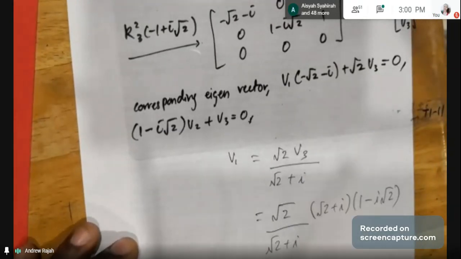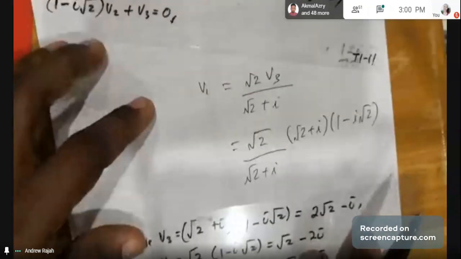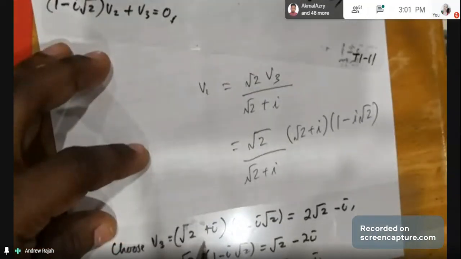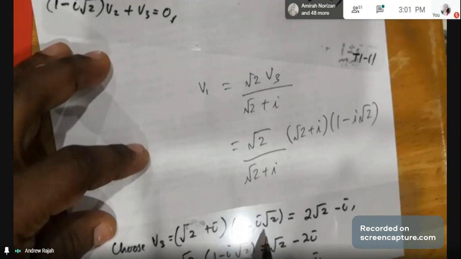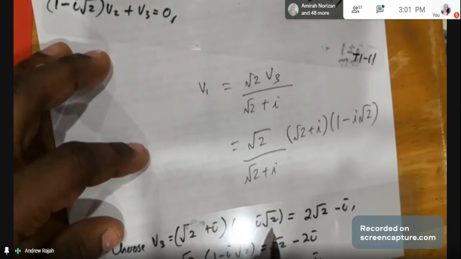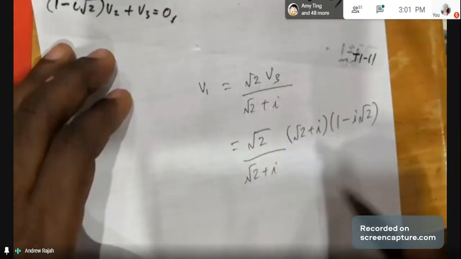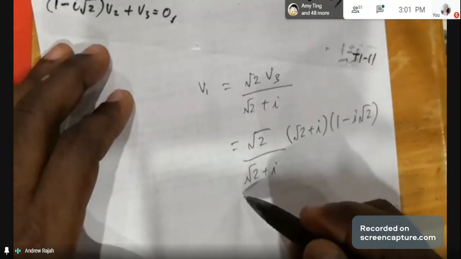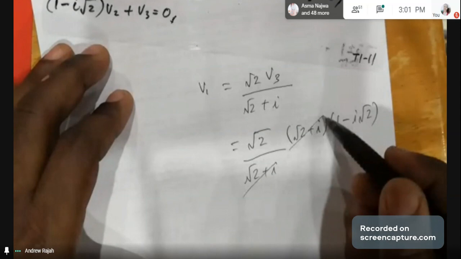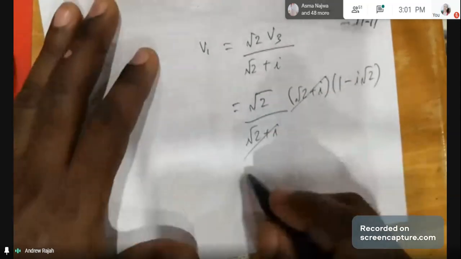See, I choose V3 as square root 2 plus i times 1 minus i square root 2. So this V3 is chosen like this. Because I choose like this, then I can cancel this. And then I get only times 1 minus i square root 2.